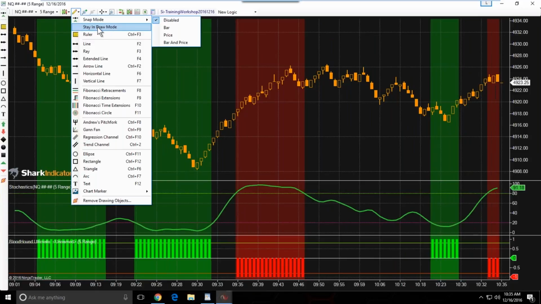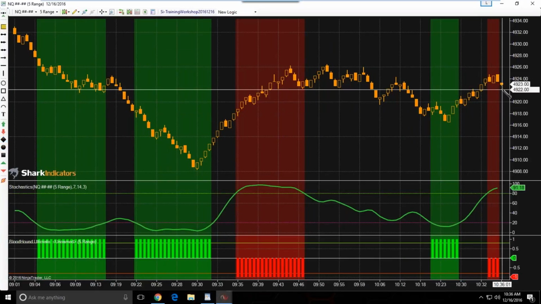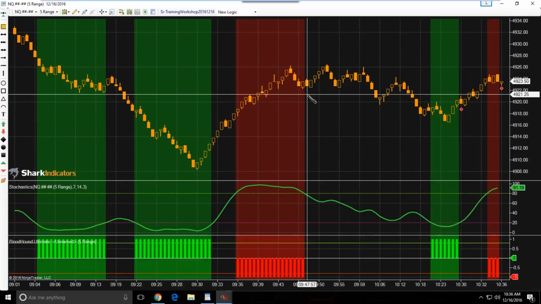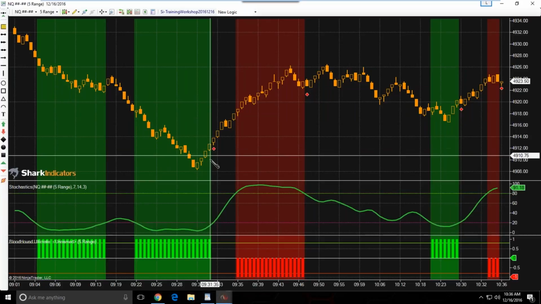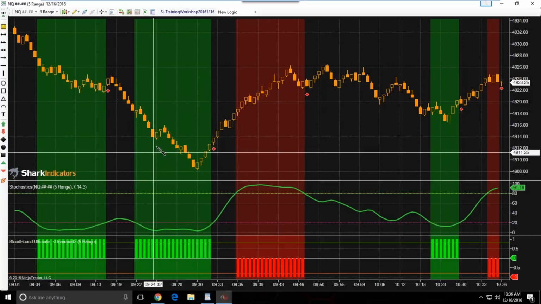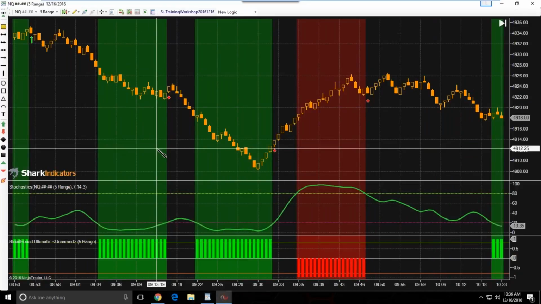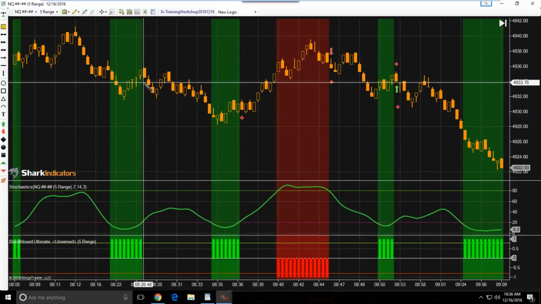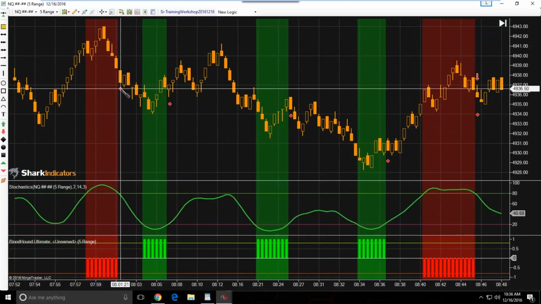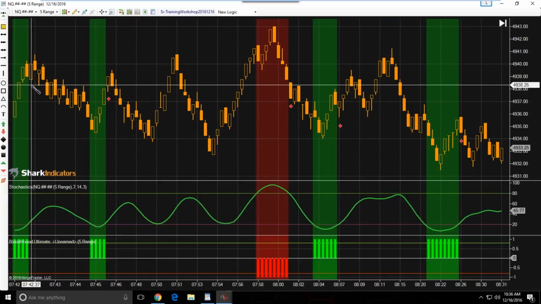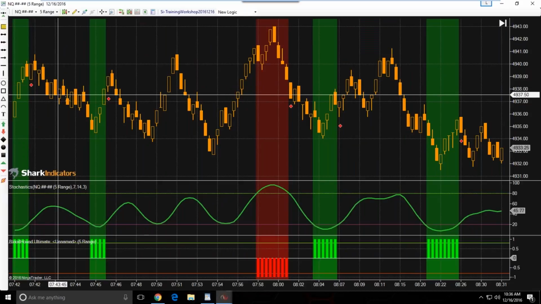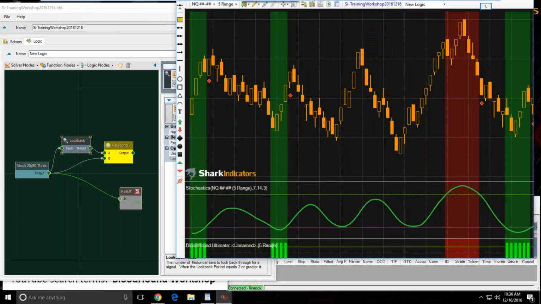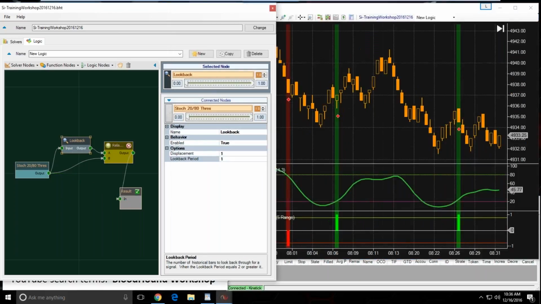So I want to stay in the drawing mode and just use the little diamond here, and I'm going to mark the bars that we want marked. All right, I think that should be good enough. And let's reconnect the ratio node up.